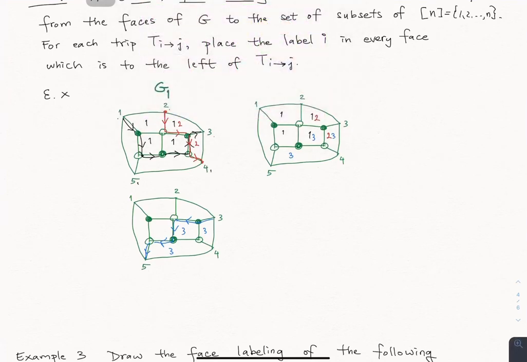Let's look at the trip from 4. I see a white vertex, I turn left. I see a black vertex, I turn right. I see a white vertex, I turn left. I see a black vertex, I turn right. So the faces that are to the left of the trip from 4 are these faces. So I write down the number 4.